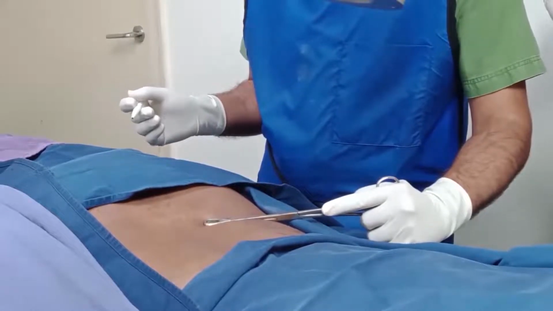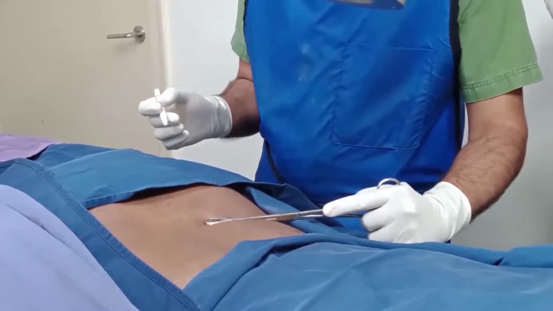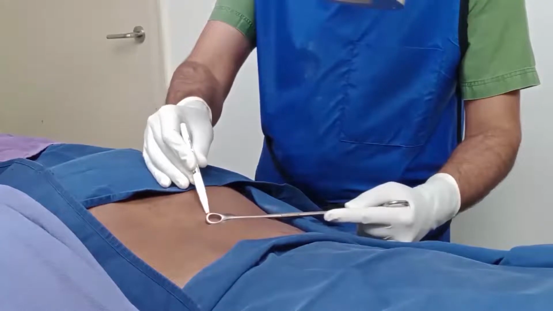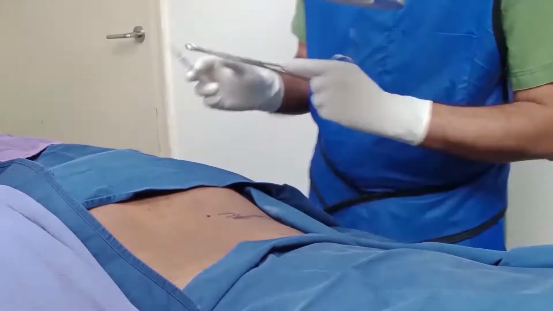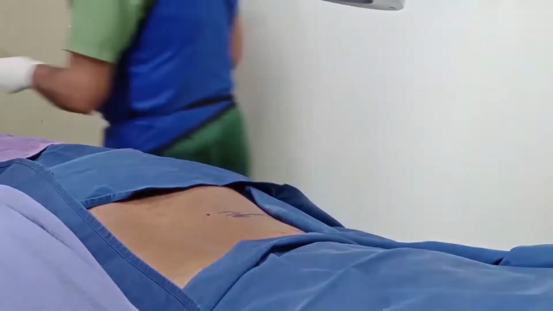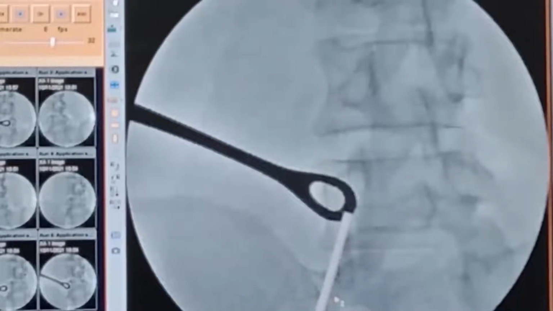The insertion point for infiltrating the local anesthetic is the chin of the Scotty dog, which is marked under fluoroscopy.